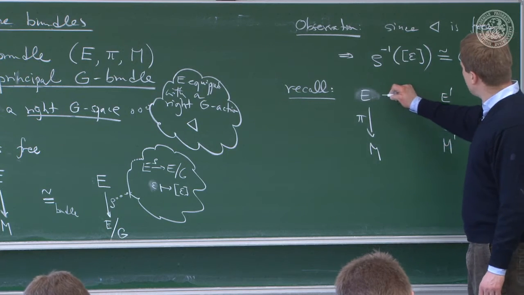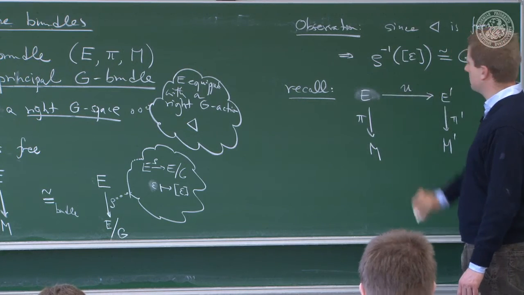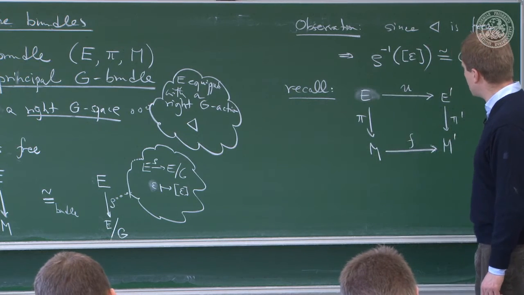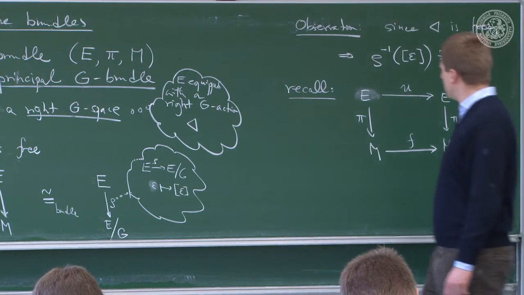Well, you needed a map U up here, and you needed a map F down here, both of them smooth.